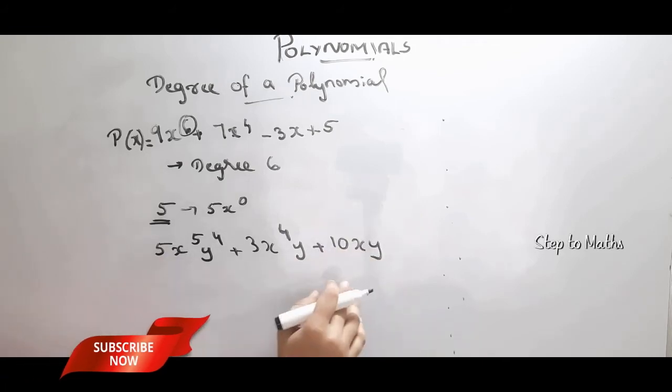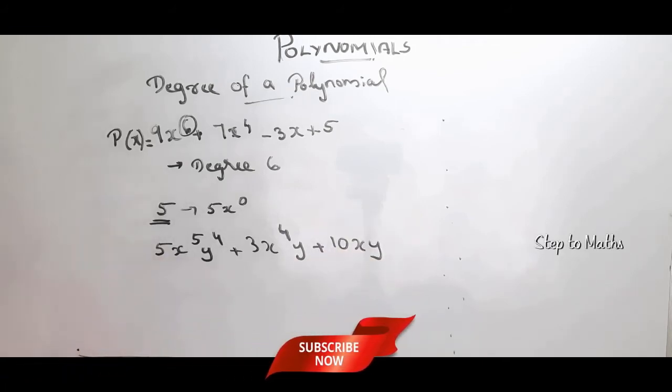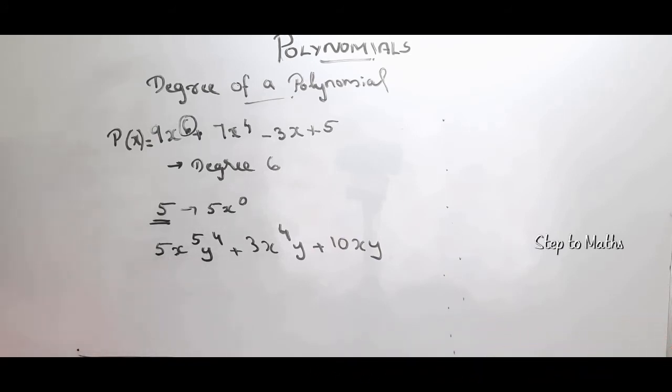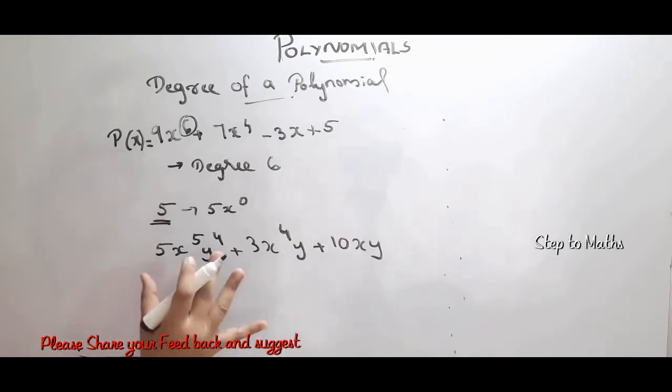This is a polynomial in two variables, x and y. Then what is its degree? For a polynomial with more than one variable, its degree is the highest sum of the powers of the variables in each term.